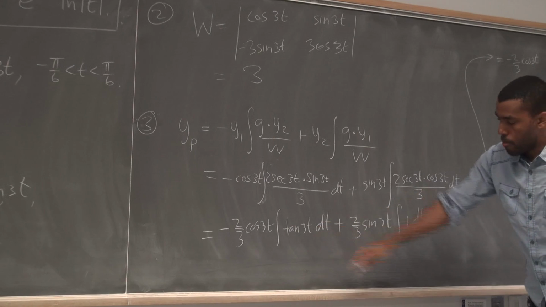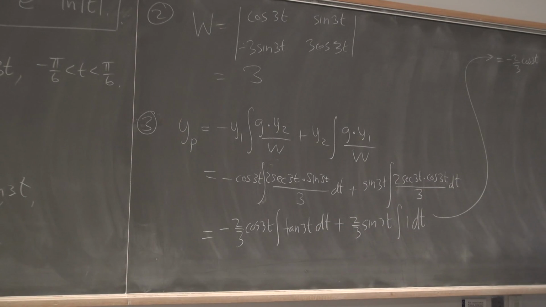What's the integral of tangent? Negative ln of cosine. And we do a substitution, so that becomes 2/9, plus the integral of 1 is just t, so this is 2/3 t sine 3t.